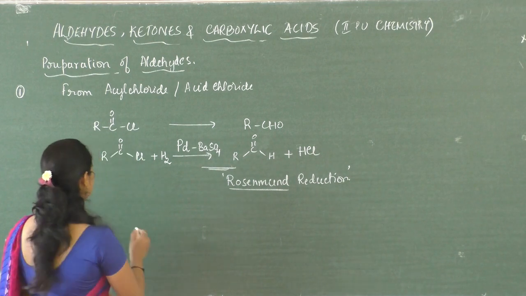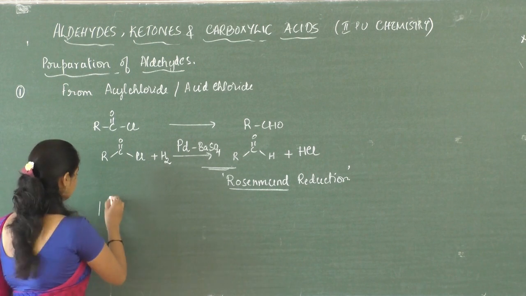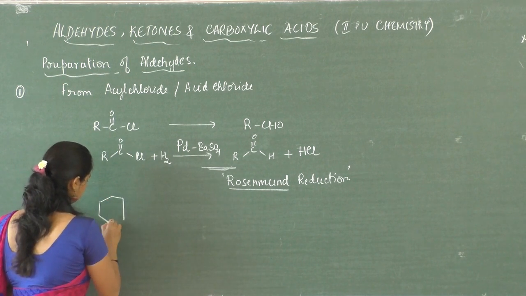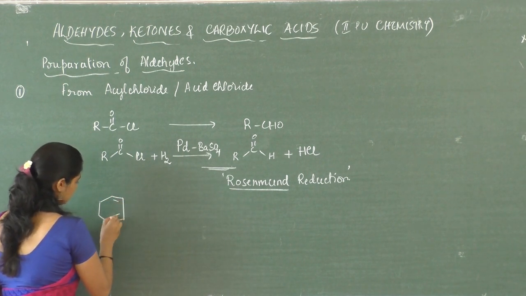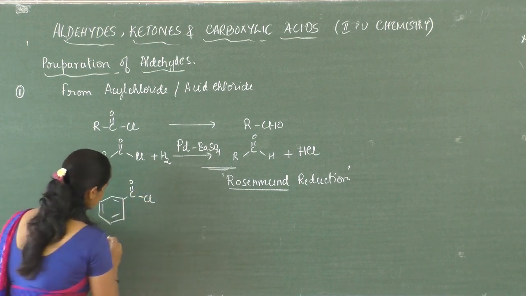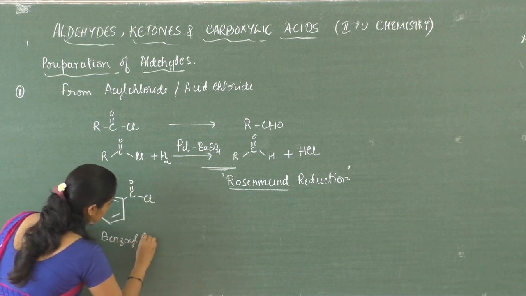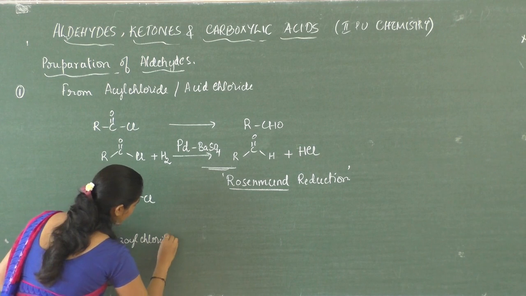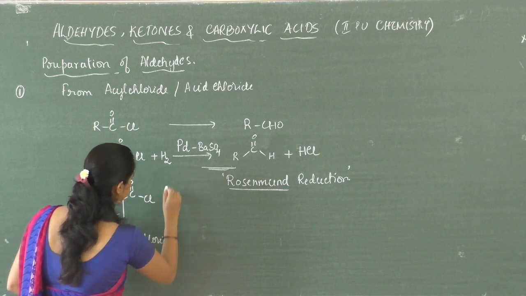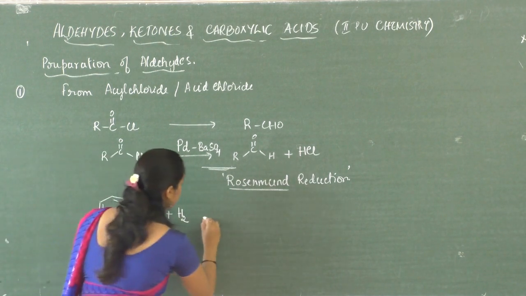Let us take a specific example for this. So you need to write along with me. So this is benzene, and the name of this compound is benzoyl chloride. Again the same, that is hydrogenation, addition of hydrogen H2.